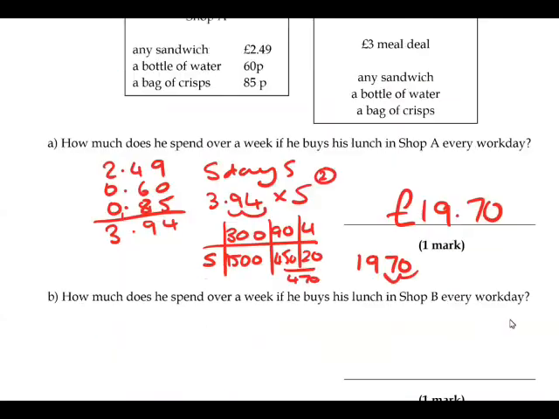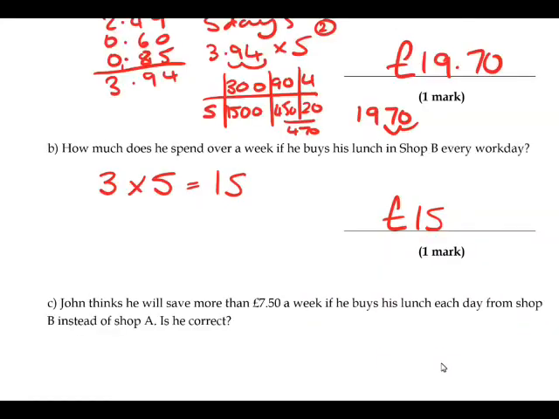£19.70. For part B, how much does he spend over a week if he buys his lunch from Shop B every day? So it's a fixed price of £3 for 5 days, which is £15. John thinks he's going to save more than £7.50 a week if he buys his lunch each day from Shop B instead of Shop A. Is he correct?